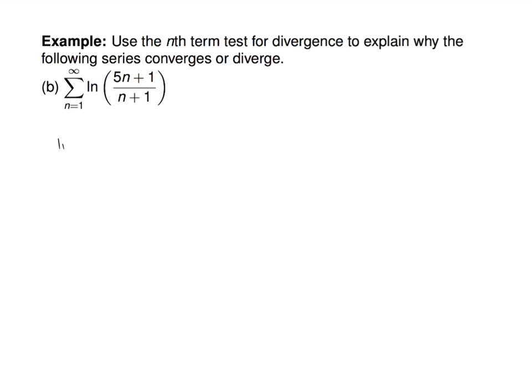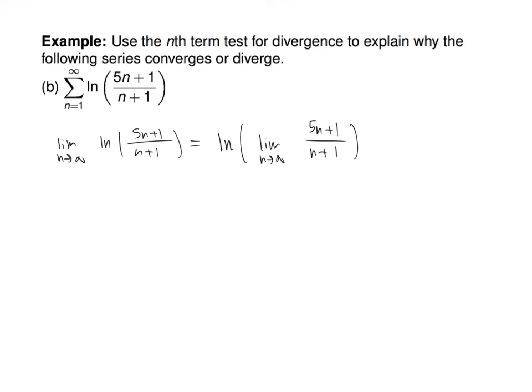Okay, this one, the limit as n goes to infinity of ln of (5n plus 1) over (n plus 1). We did a few like this when we just had sequences last time, right? What can happen to the limit? It goes inside the ln. Yep.